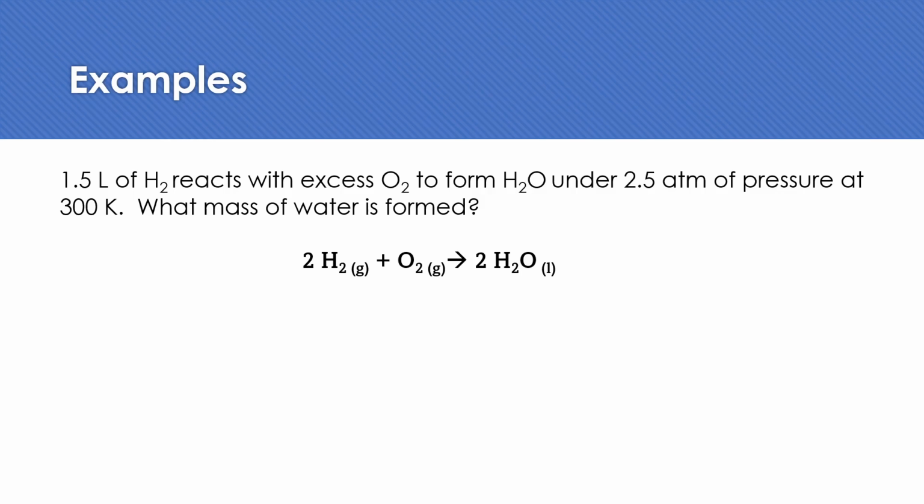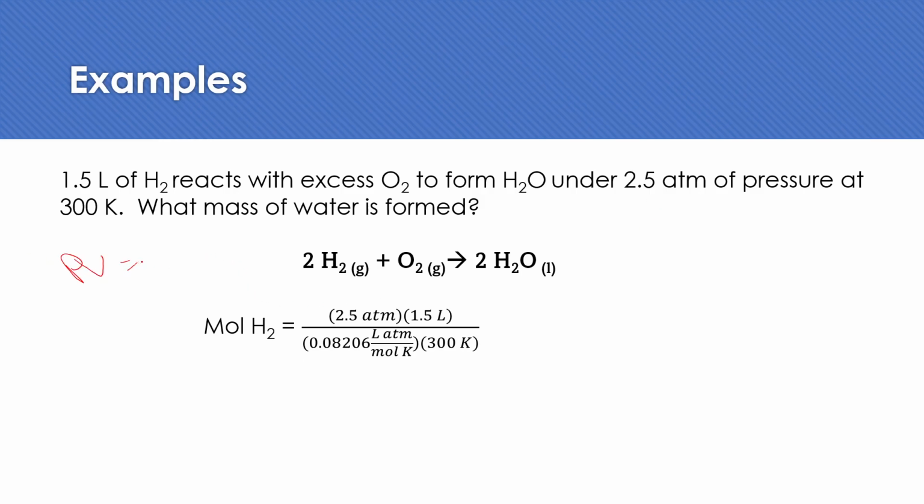So let's look at some examples of this. 1.5 liters of hydrogen reacts with excess O2 to form H2O under 2.5 atmospheres of pressure at 300 Kelvin. What mass of water is formed? So I've got a gas. I know the amount of gas, and I want to know the mass of water formed. Okay. So first thing I want to do is find the moles of hydrogen, and that's going to be equal to, right, PV equals nRT.